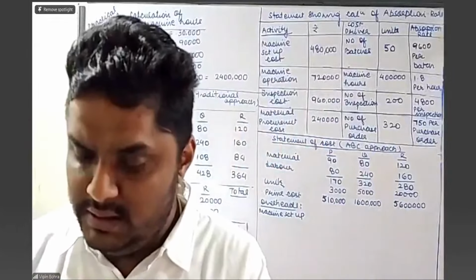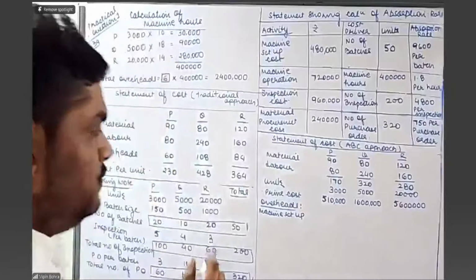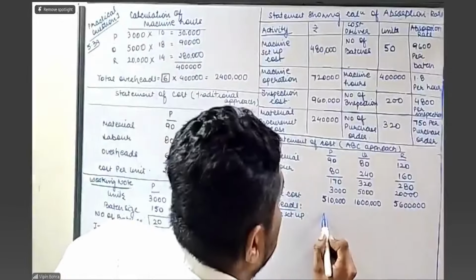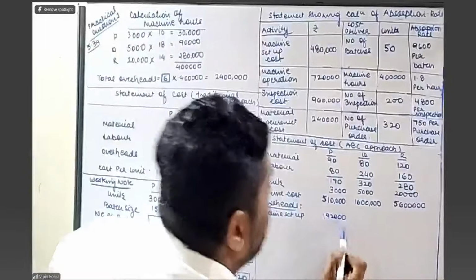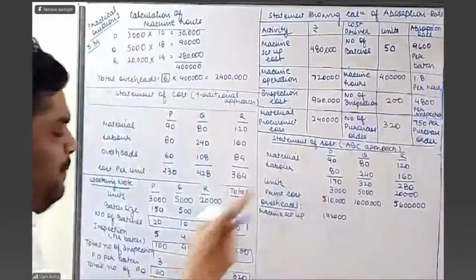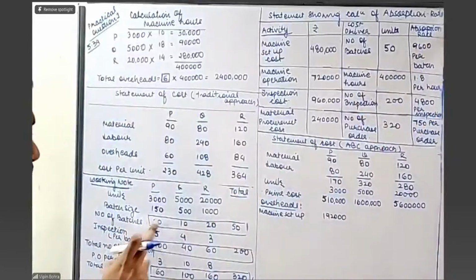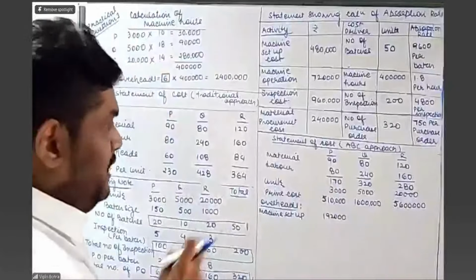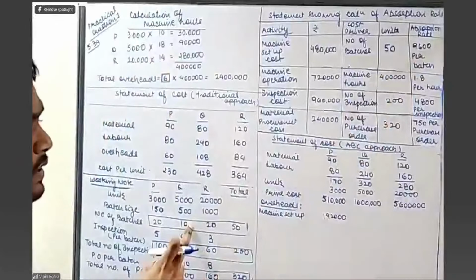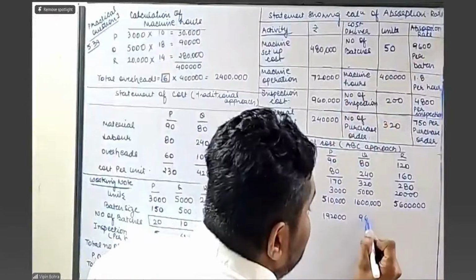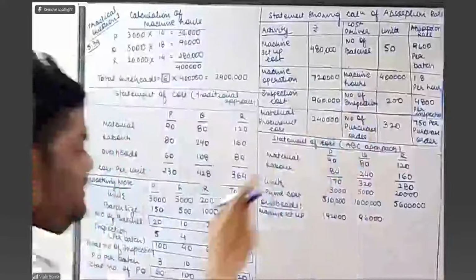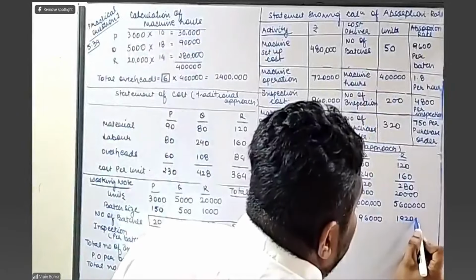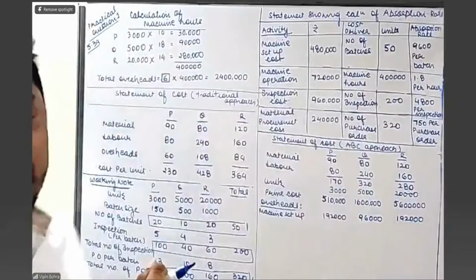So 9,600 into 20 is 1,92,000. Then 9,600 into 10 is 96,000. And 9,600 into 20 is again 1,92,000. I hope it is clear to all.